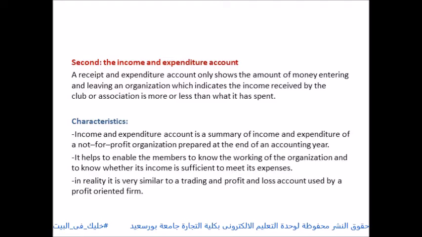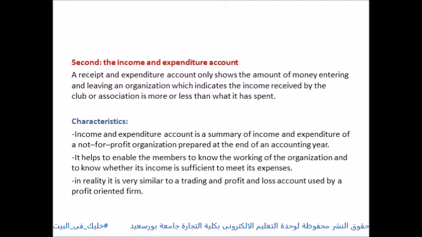Characteristics. The income and expenditure account is a summary of income and expenditure of a not-for-profit organization prepared at the end of an accounting year. It helps to enable the members to know the working of the organization and to know whether its income is sufficient to meet its expenses.